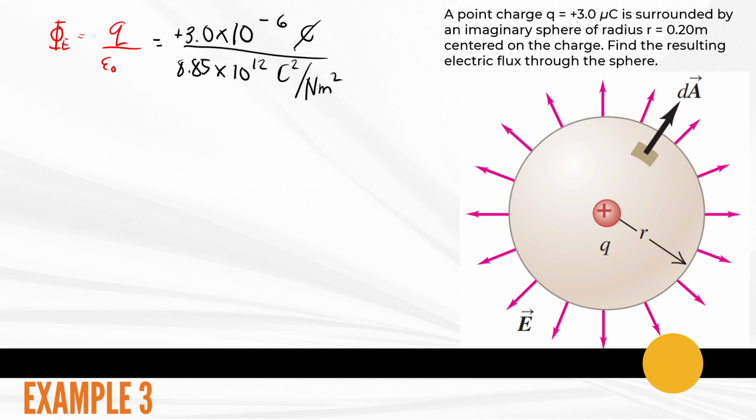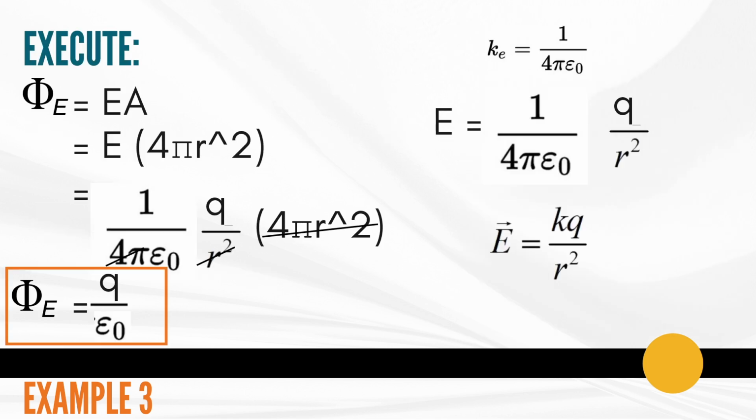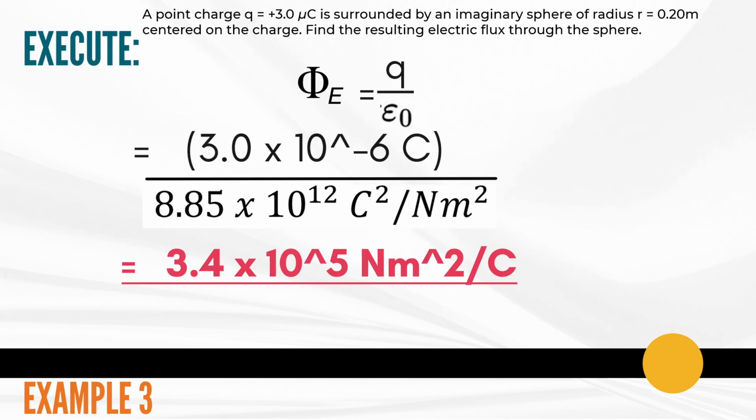Okay, so kung may cancellation, cancel si C. And then, my electric flux would be equal to, sige, nandito na po yung sagot actually. Ayan, 3.4 times 10 raised to 5 Newton meter squared per coulomb. So, ito po yung final answer natin.